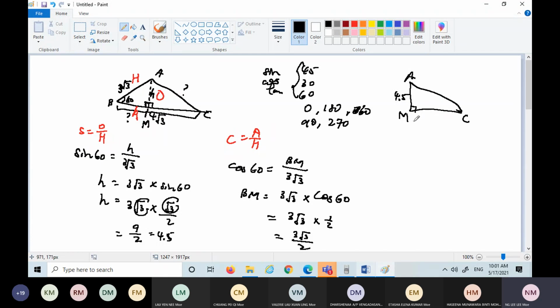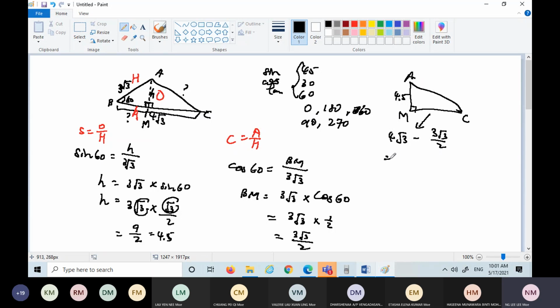Then how about MC? MC I also can know, because I know the whole length of BC is 4 square root 3. Then I can minus the BM that I just found, then I can find the MC. After I get the MC, I get the AM, then I can find the AC by using Pythagoras theorem.